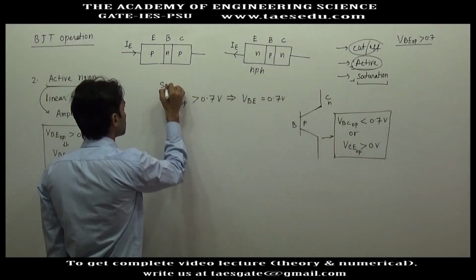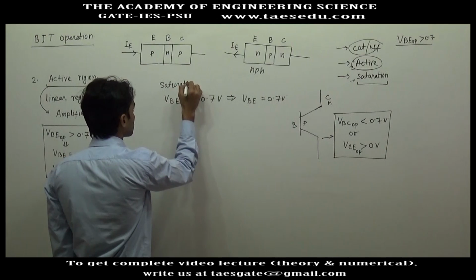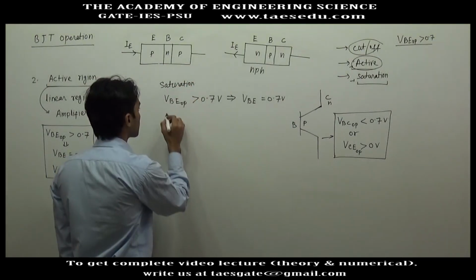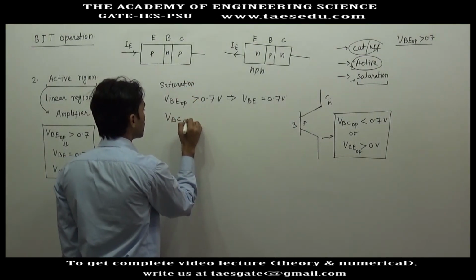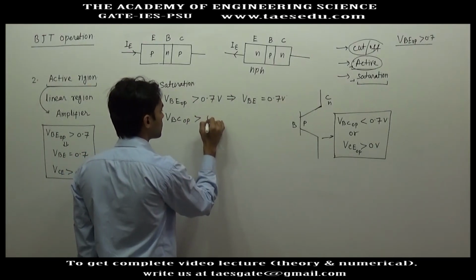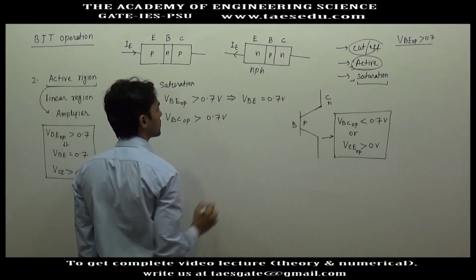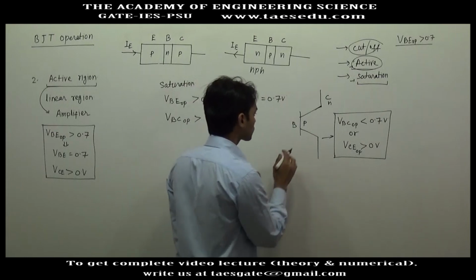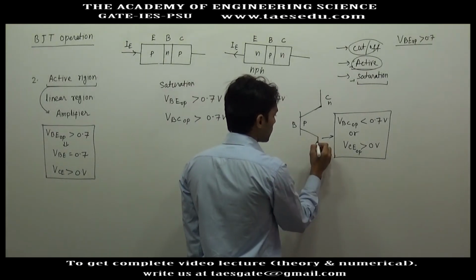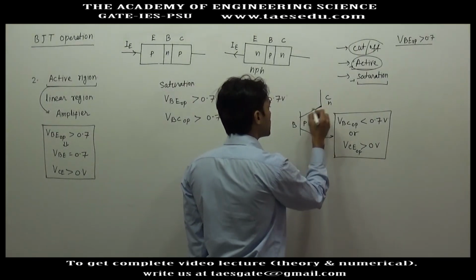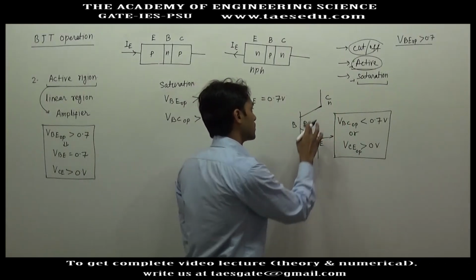For saturation, VBC open circuited must be greater than 0.7 volt. This means both base emitter junction and base collector junction should be forward biased.